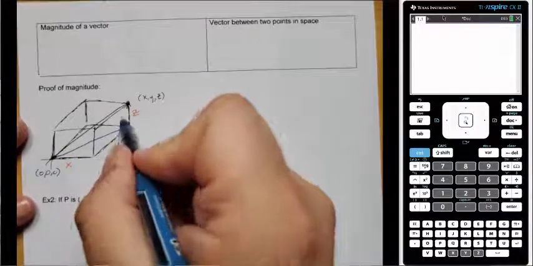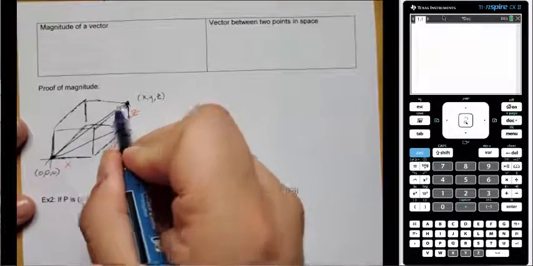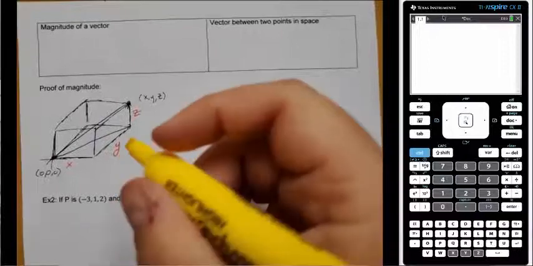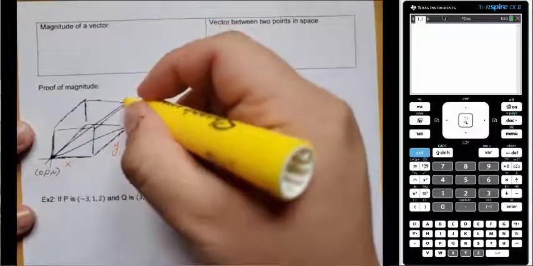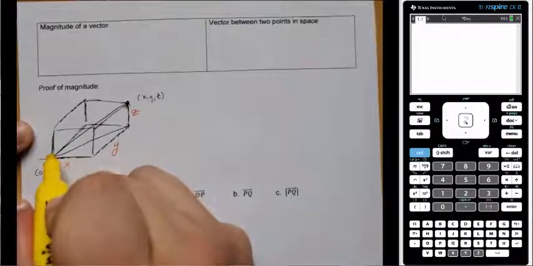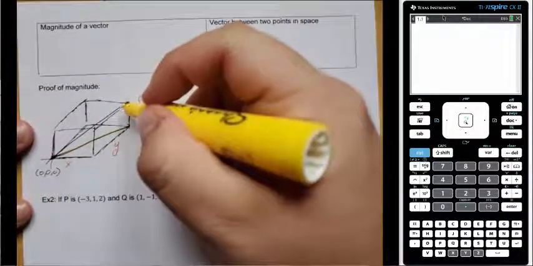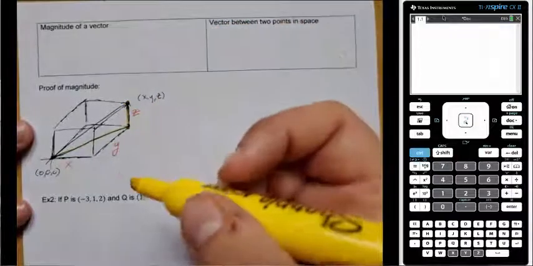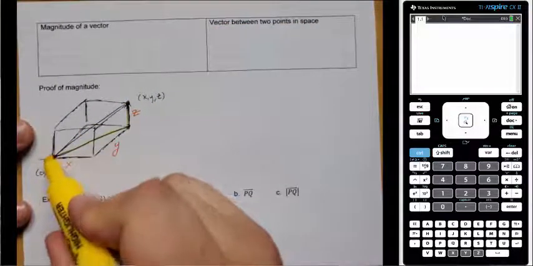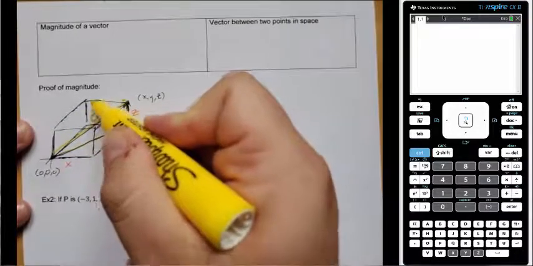And then what I'll have, if you can visualize this, is I'm going to create a triangle with sides of this length that's down on the plane here, this leg that goes straight up, and then the distance will end up being this thing I'm after.